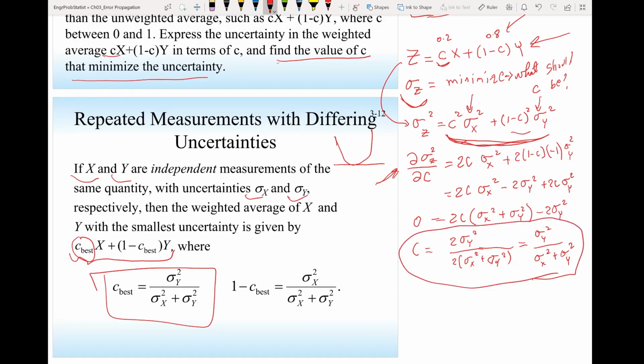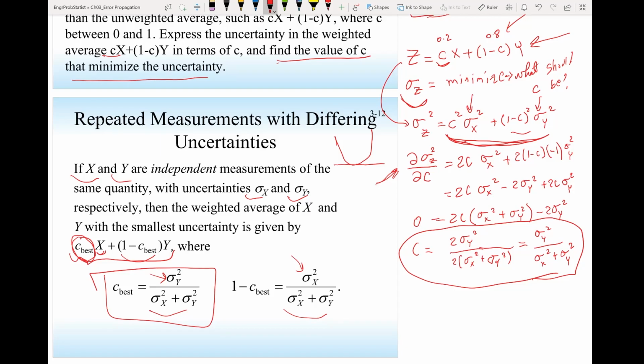Remember, C best is in front of X, so that is sigma Y squared. 1 minus C best is sigma X squared. The denominator is the same, just the average. So if you choose the weighted average this way, then you will minimize the uncertainty in the average of X and Y.